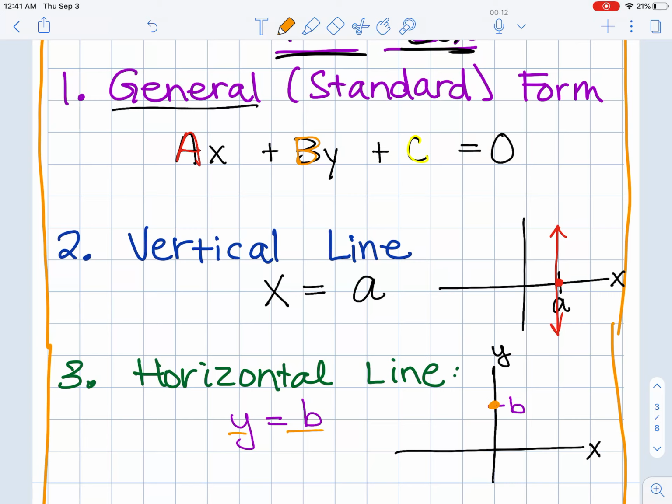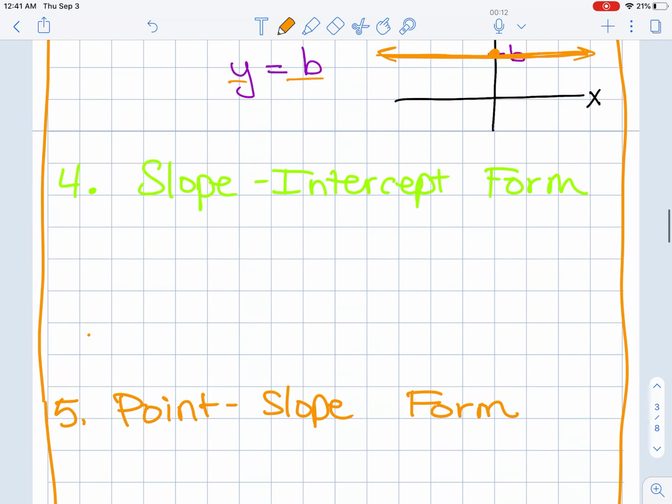How can I explain that y will always equal b? Well, can y equal anything else? No. It can't equal anything else on the y-axis, so we have to go across right here. Pretend like that was perfect. And that's why we know it's a horizontal line, that y always equals b.